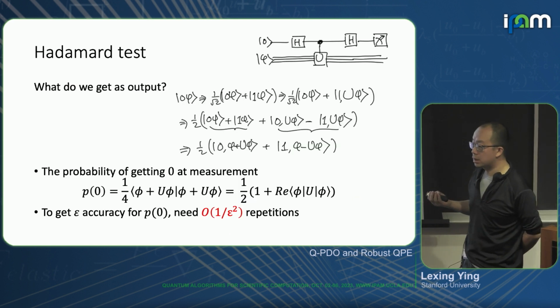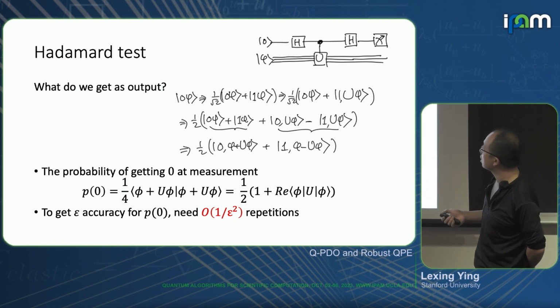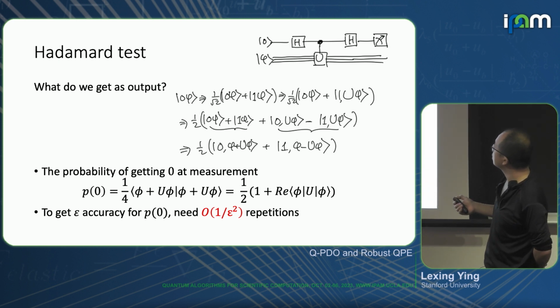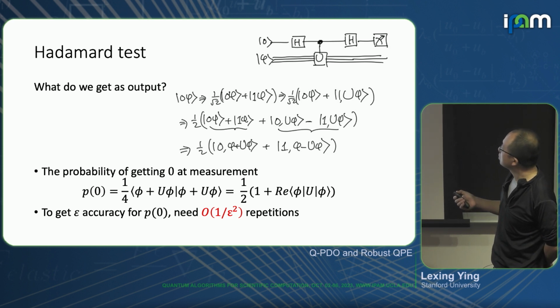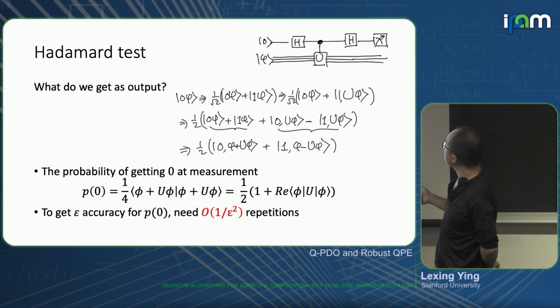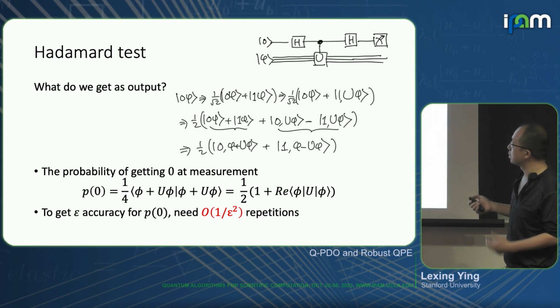Another method which has appeared several times in this discussion is the Hadamard test. This is probably the simplest circuit you can imagine: you just apply the Hadamard gate, do a controlled U operation, then do another Hadamard and the measurement, and this will give you information about the phase.